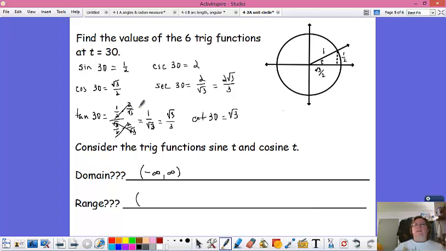The range, now that's a different story. In fact, I have to change my symbol because the highest that you can get to, if you think about this, is 1. And the lowest that you can get to is -1. So our range is from -1 to 1 for both the sine and the cosine.